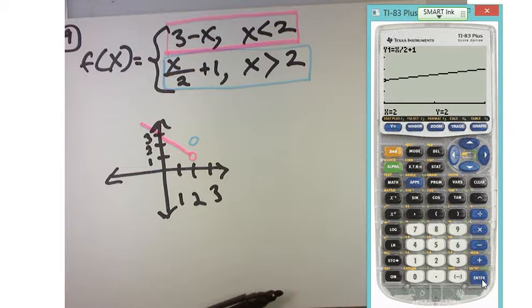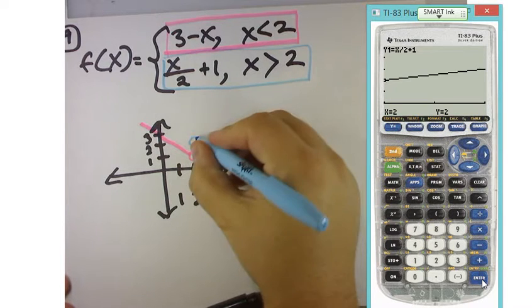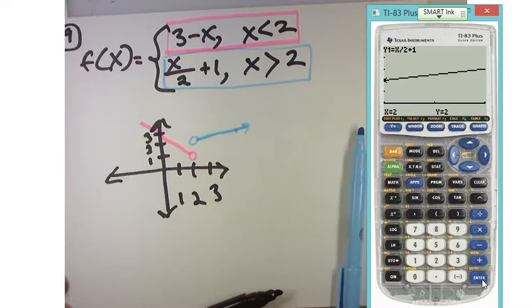Now, what's the slope of this thing? Half. I'm going to go up 1 over 2. So if I go up 1, I have to go over 2, and that's going to give me an idea of what the graph would look like. Now, if that was the case, I should have the point 3, 4, right?